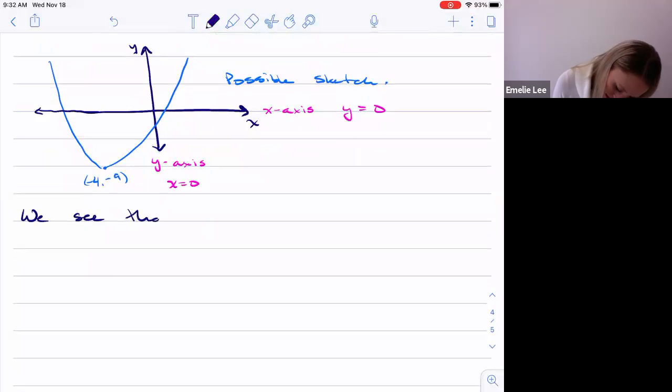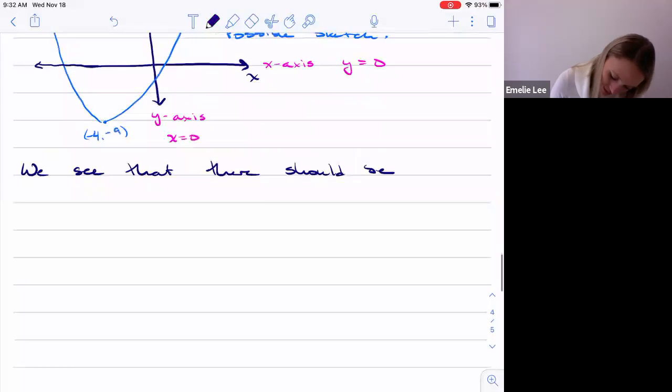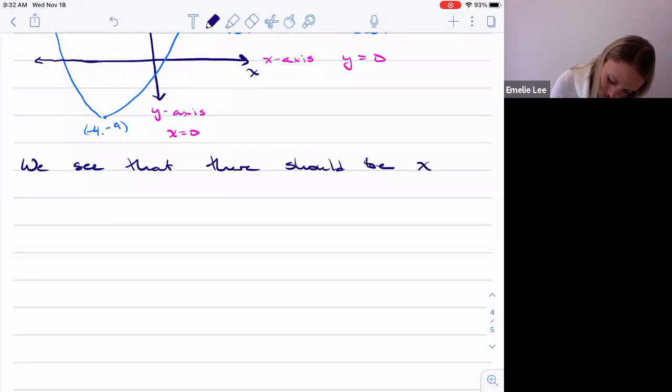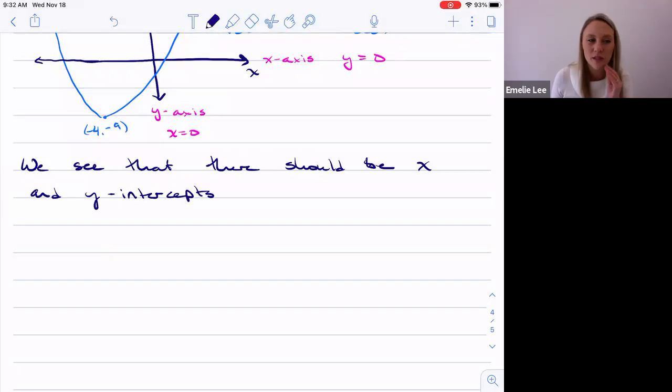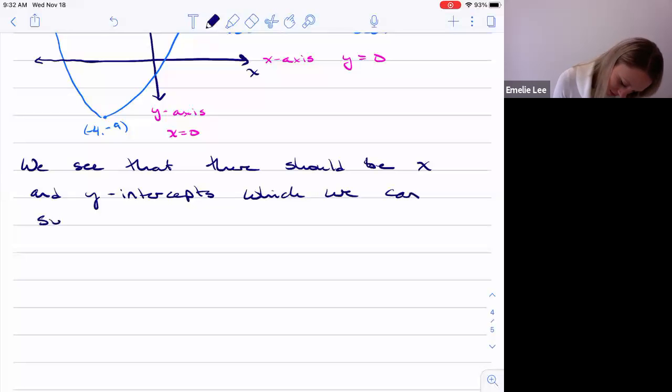We see that there should be x and y-intercepts, which we can solve for.